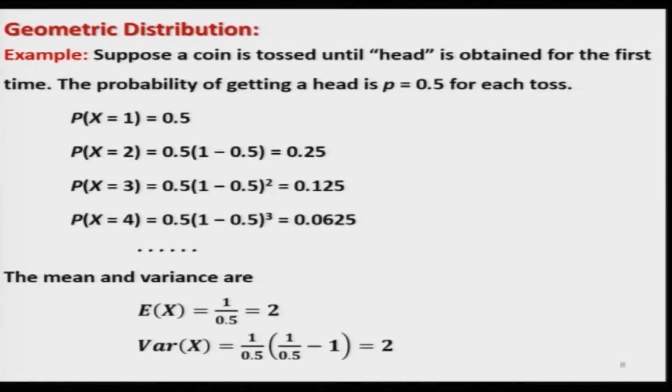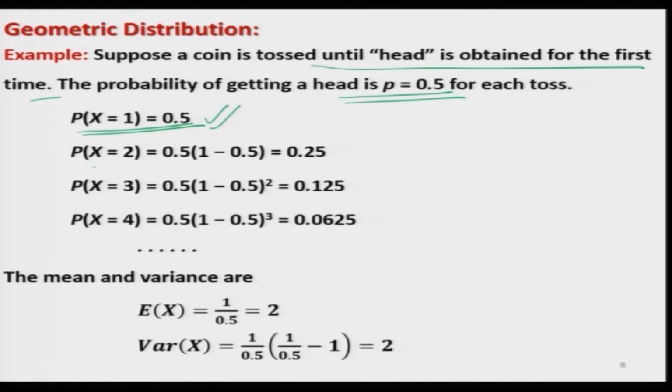Similarly, let us take one more example: suppose a coin is tossed until a head is obtained for the first time. The probability of getting a head or a tail in the toss of a fair coin is 0.5, which we know, and this is obviously a Bernoulli trial. The probability that X equals 1, that you get the success in the first trial, is simply 0.5.